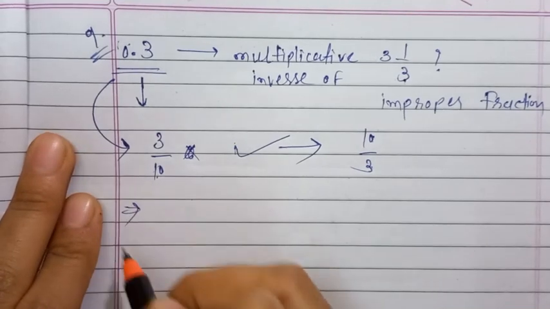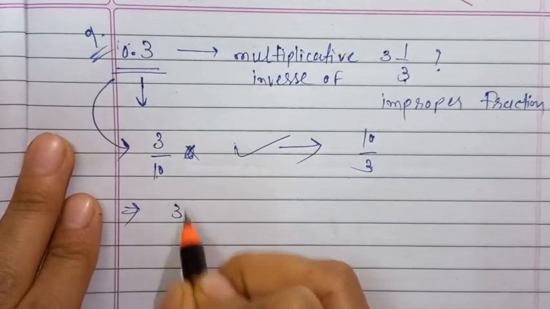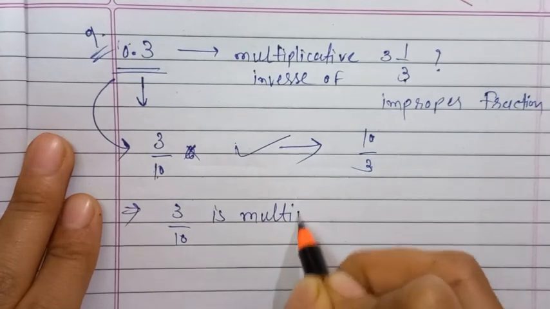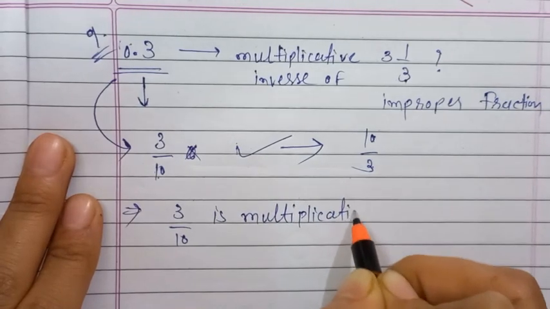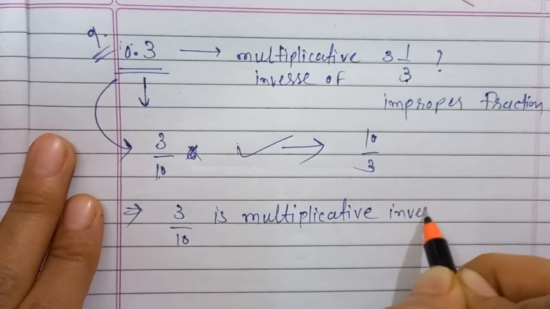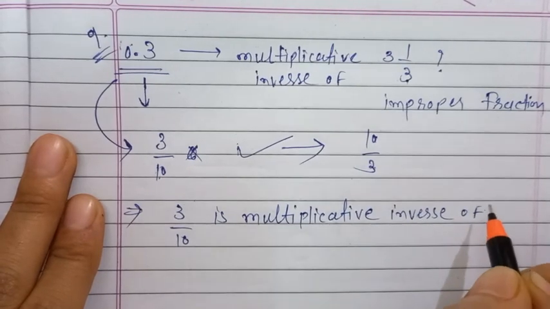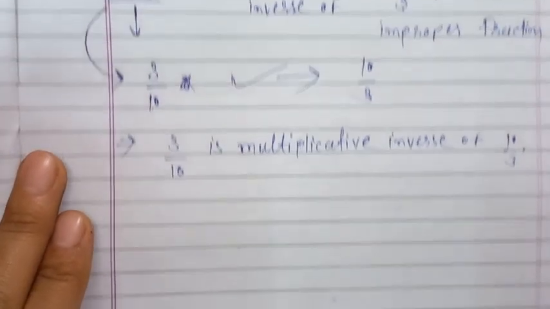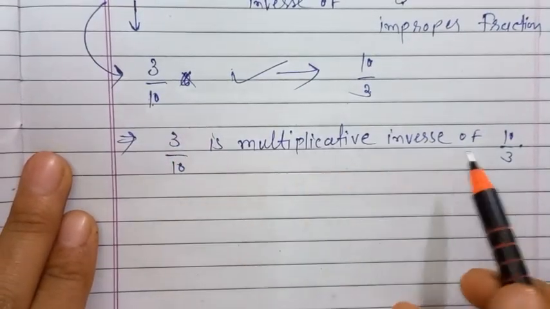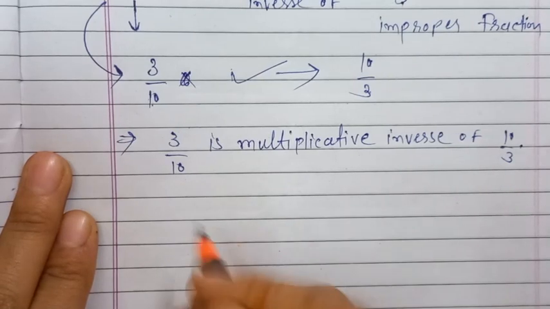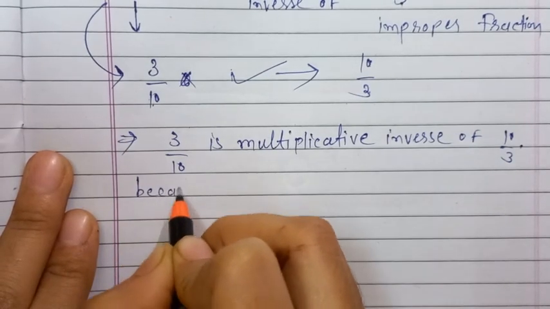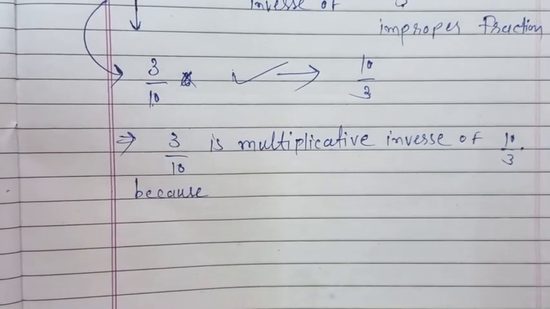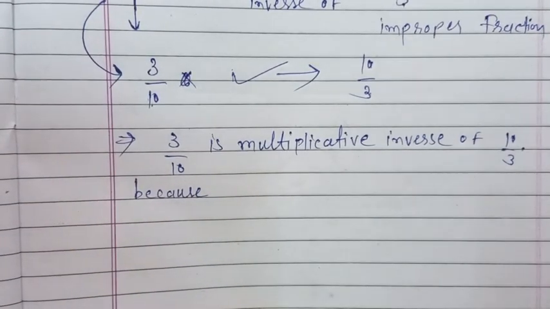So we write: 3 by 10 is the multiplicative inverse of 10 by 3. And another question is why this 3 by 10 is the multiplicative inverse of 10 by 3. So because, and this answer can be written with the help of the definition of multiplicative inverse.